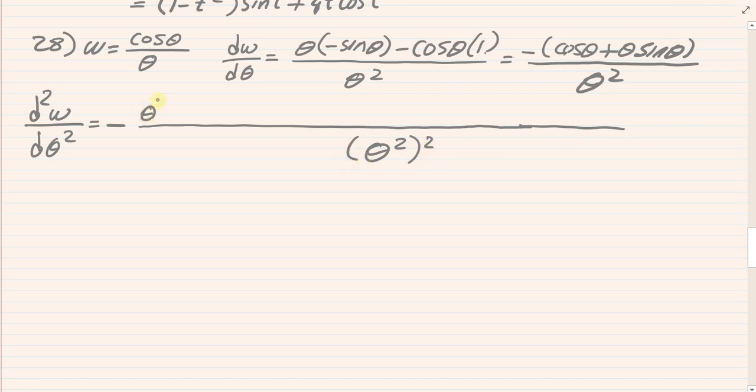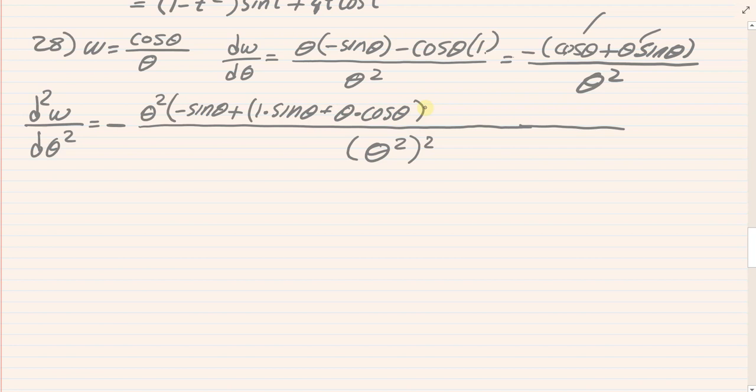Repeat the denominator times derivative of the numerator. Derivative of cosine is negative sine theta. Plus, and then we take the derivative of theta sine theta. That itself is derivative of first times second plus first times derivative of second.